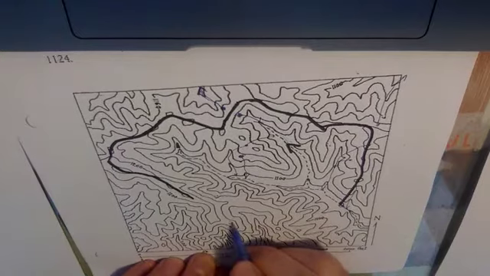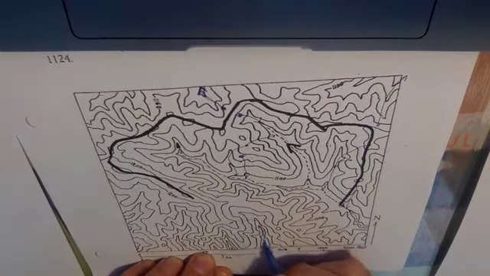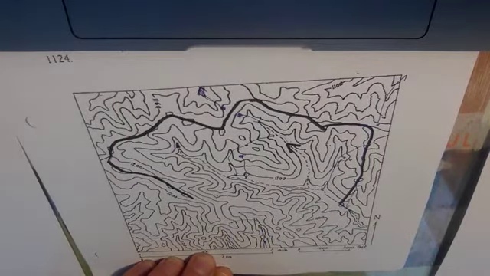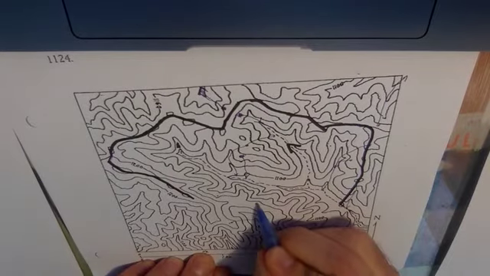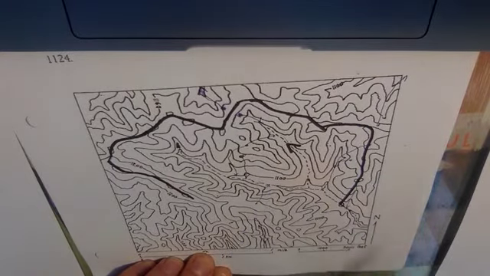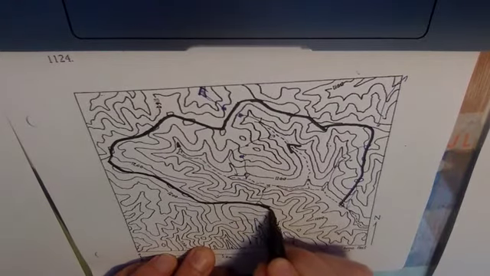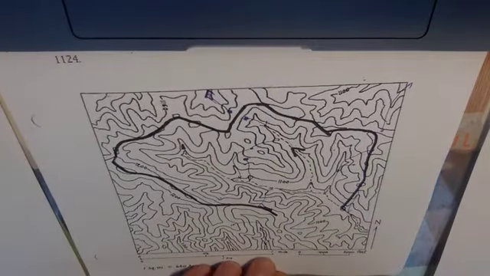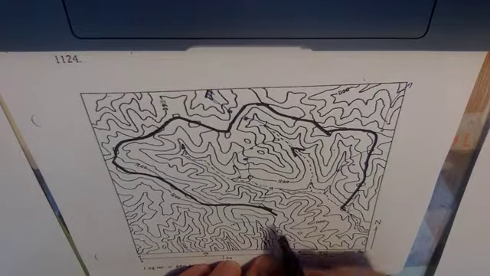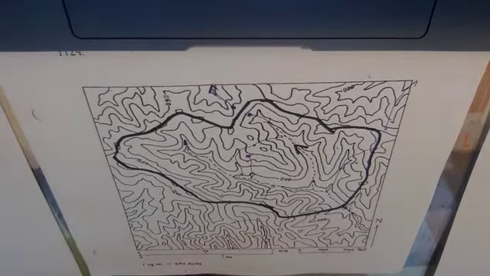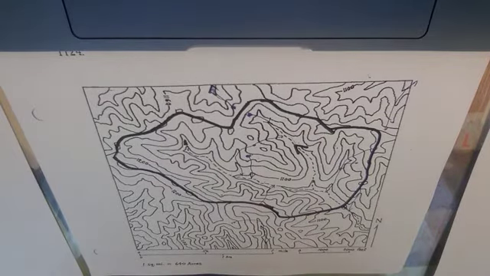If rain falls here, it's going to flow down like that and go out of our watershed. If it lands here, it's going to flow into our watershed. So we're going to need to have some path that goes, I don't know, something like that. So that's pretty close. That would be the watershed boundary for this map.